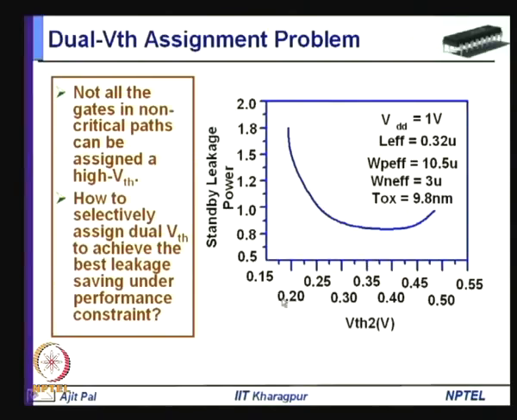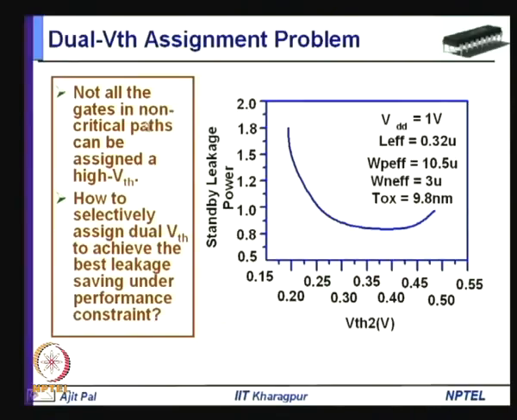We find that as the high threshold voltage is increasing, leakage power is initially decreasing, because we are able to assign high threshold voltage to gates on the non-critical path, but it reaches a lower limit, and then again it is increasing. Why is it increasing? Because the number of gates to which you can assign high threshold voltage is reducing.